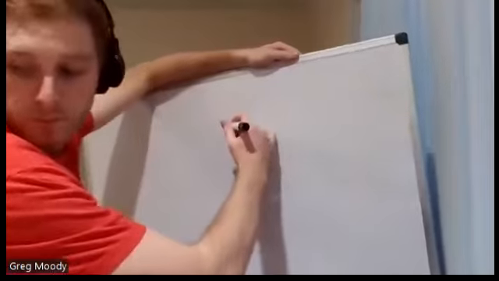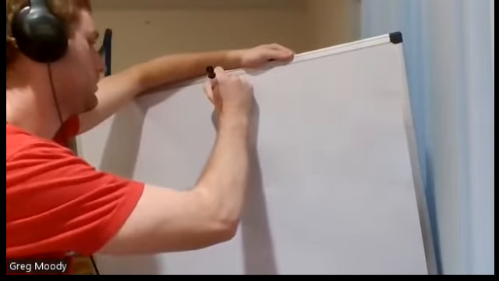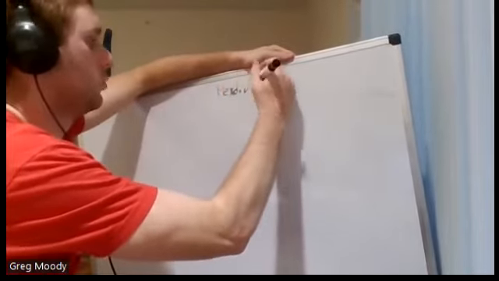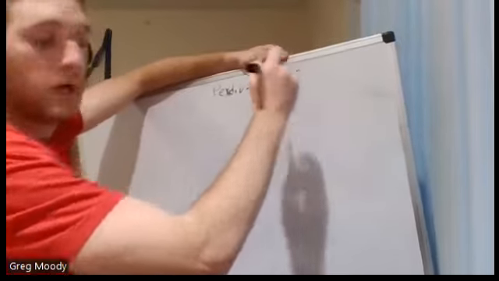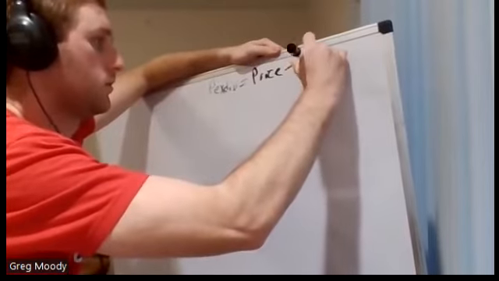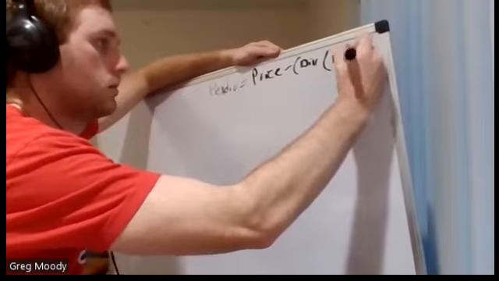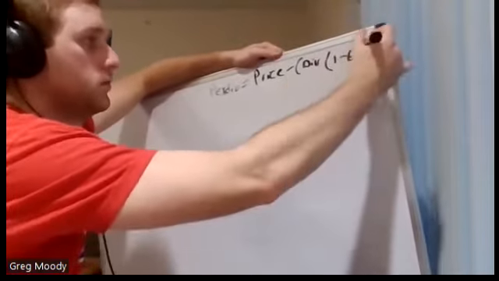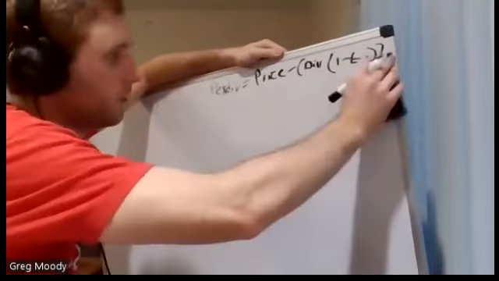So for this one, P ex-dividend will be our price minus our dividend less our taxes.